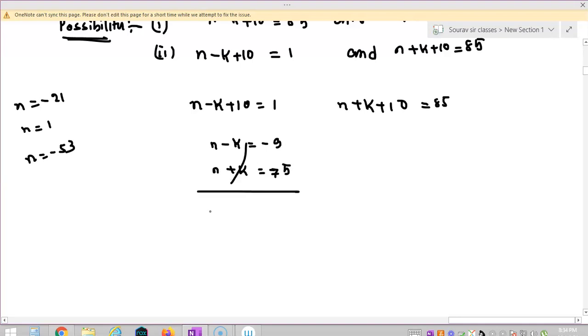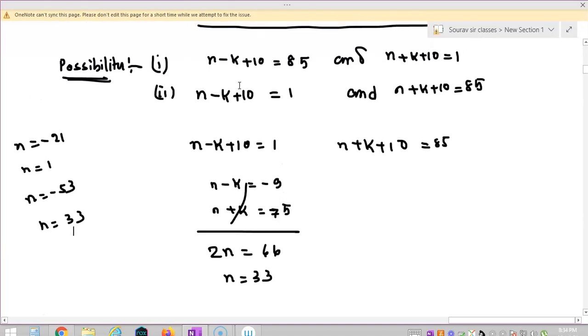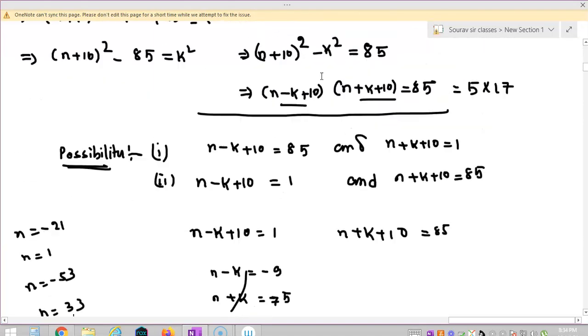So adding this, I will get 2n is equal to 75 minus 9 and it will be 66, right? So the value of n is equal to 33. So n is equal to 33. Again, this equation gives us the same solution.